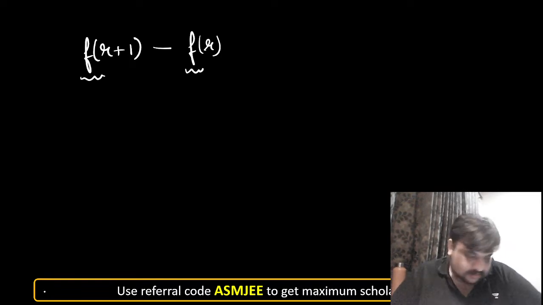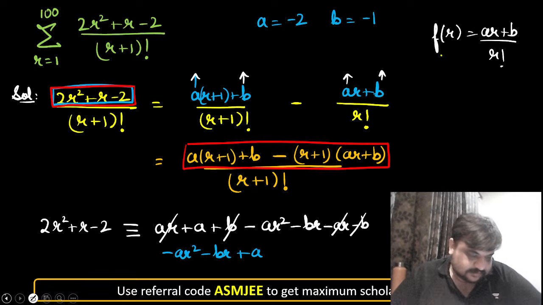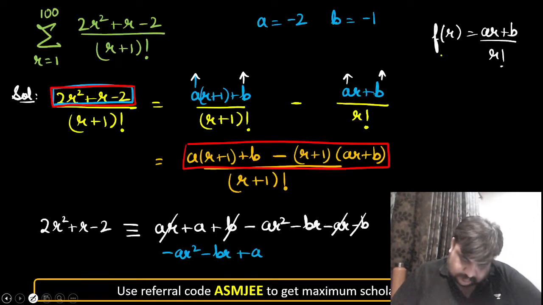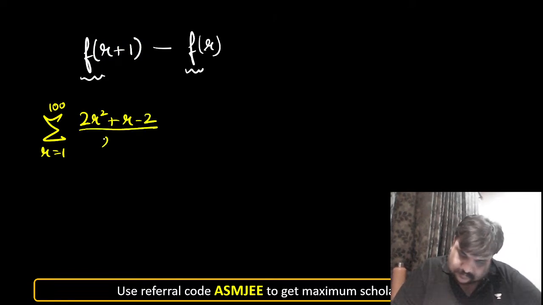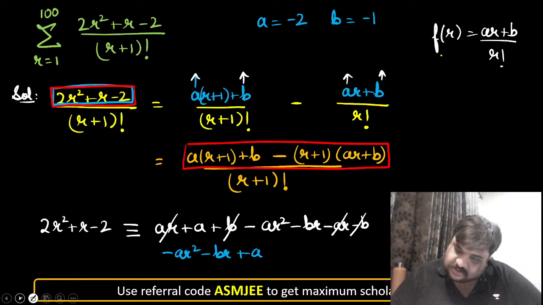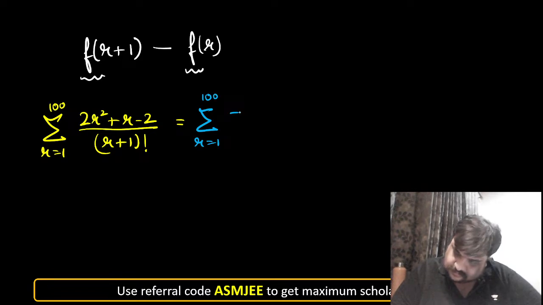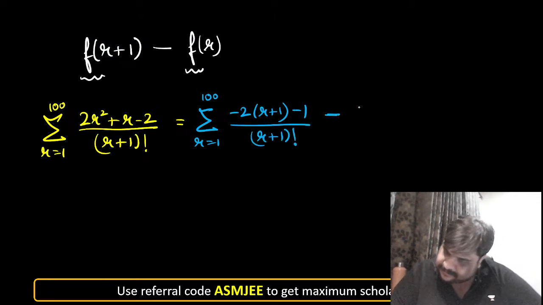Utsav, you understood? So in this question, we get A as minus 2, B as minus 1. Great. So this is it.